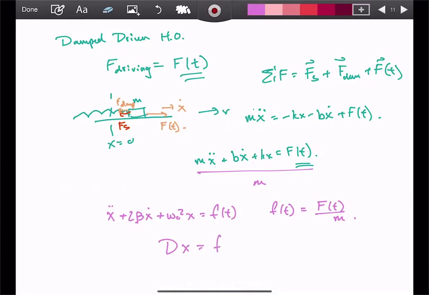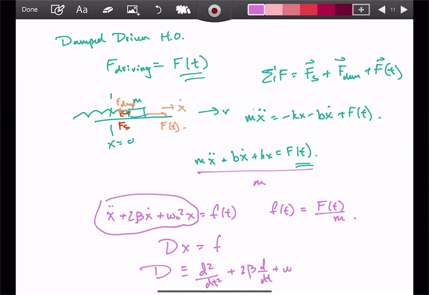Looking at the left-hand side, our differential operator is equal to the second time rate of change plus 2 times beta times the first time rate of change plus omega 0 squared.